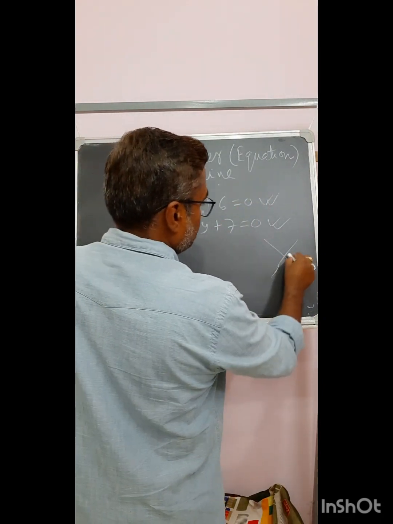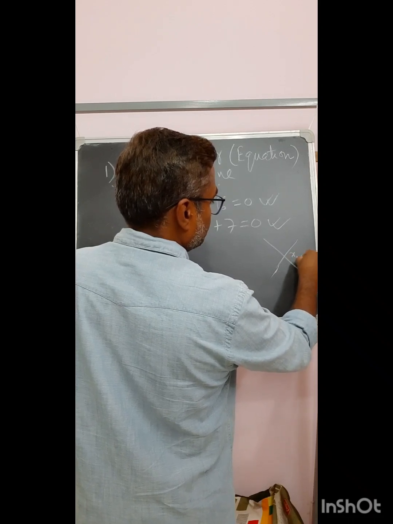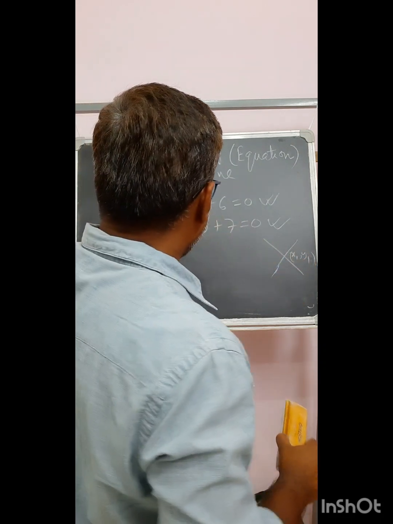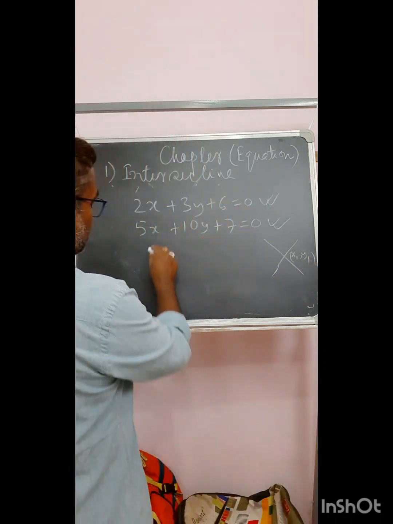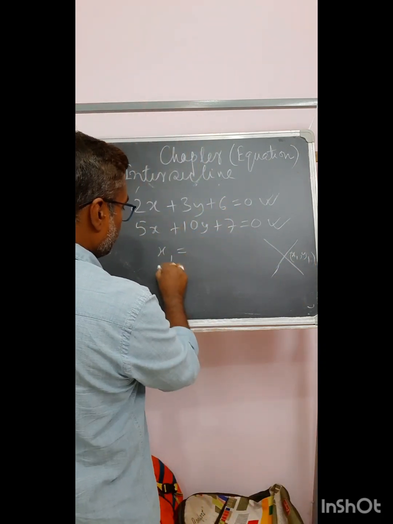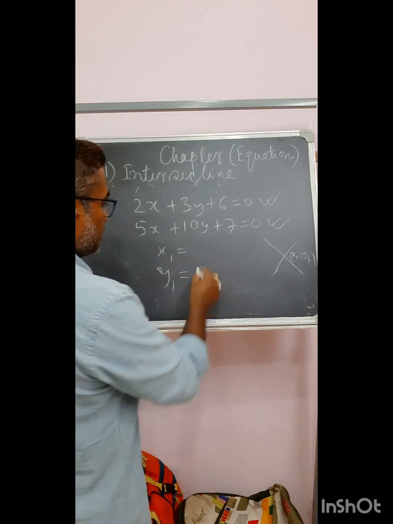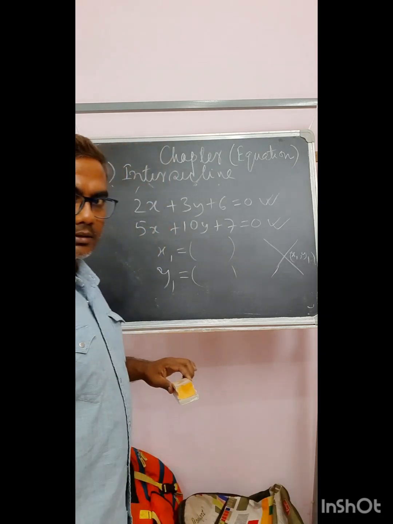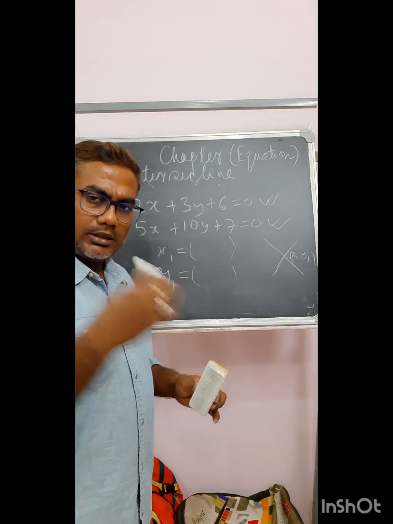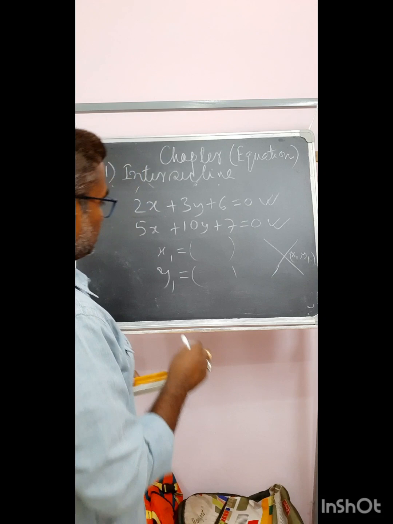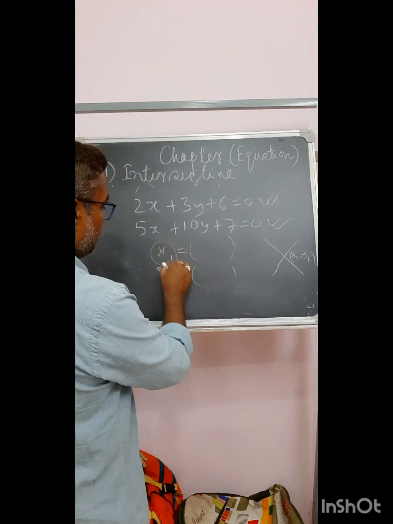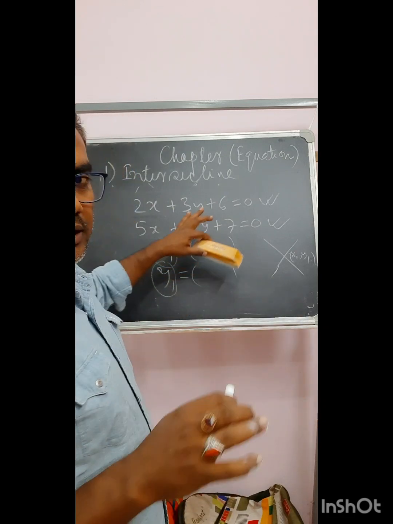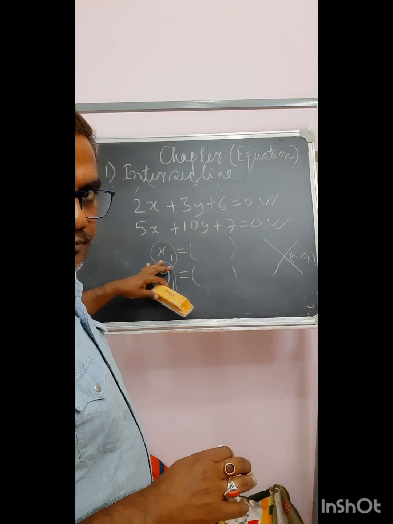Now assume that the lines intersect at some point x1, y1. If I put x1 and y1 here and solve for x1 and y1, and you find some real value, anything, fraction, integer, anything, then you can say they must intersect at that point.